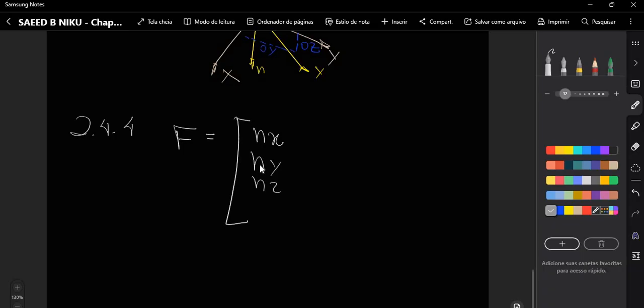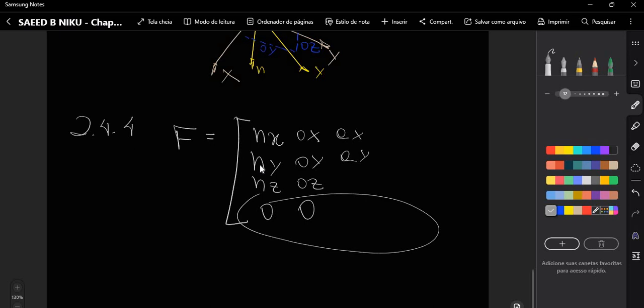So let's write this matrix: Oy, Oz, and 0, and you will see why we are completing this matrix with this line.